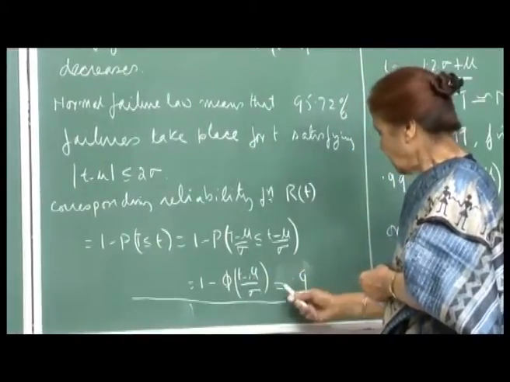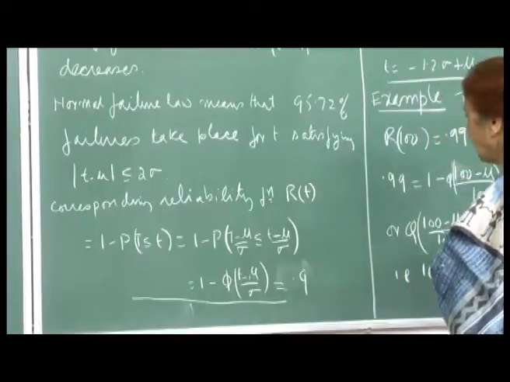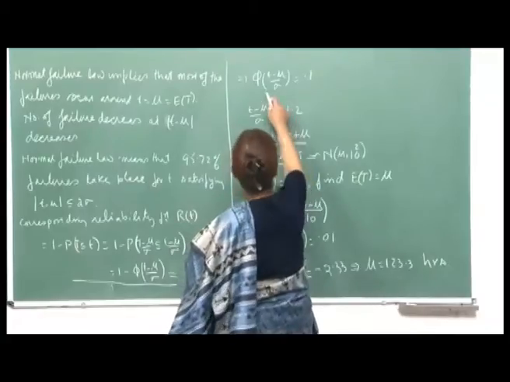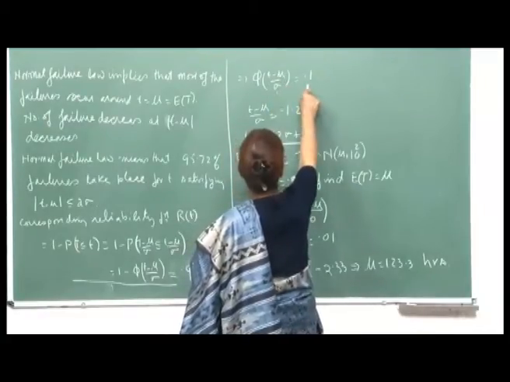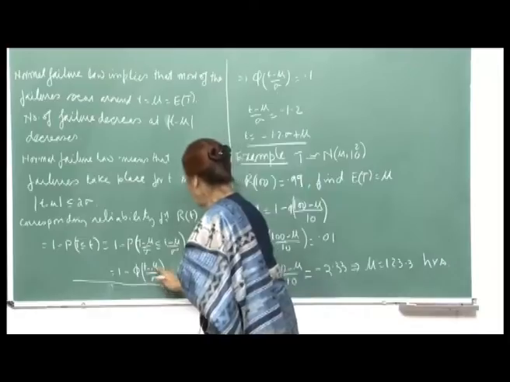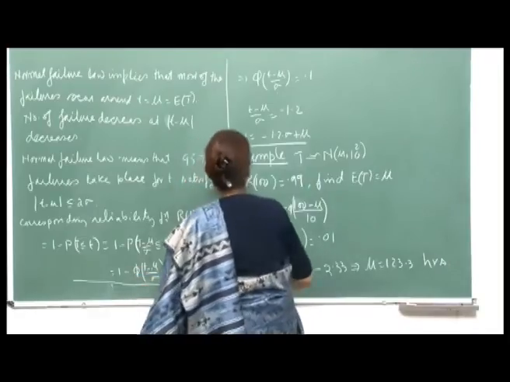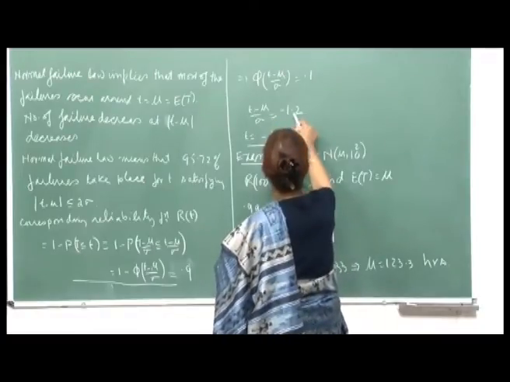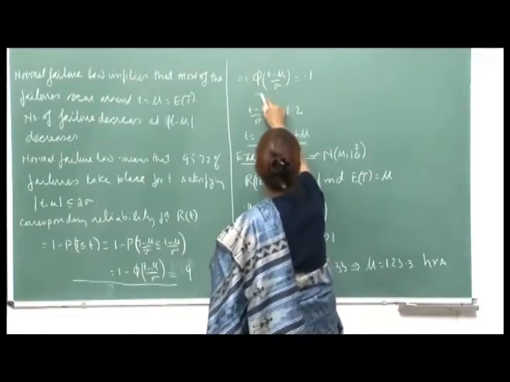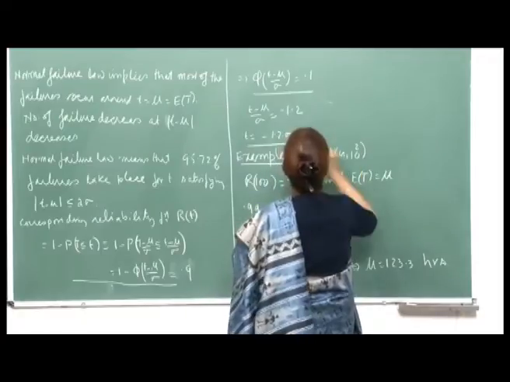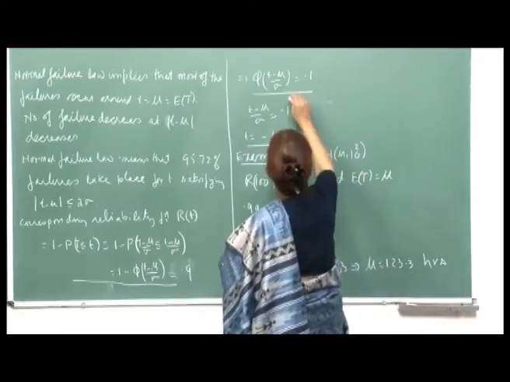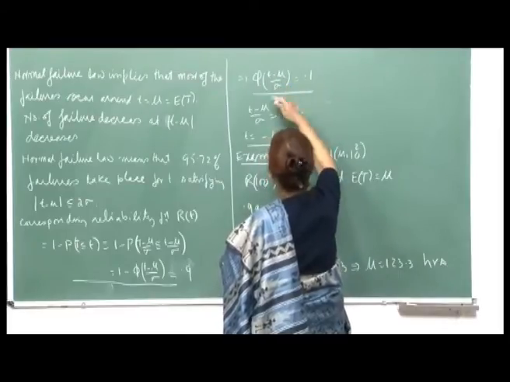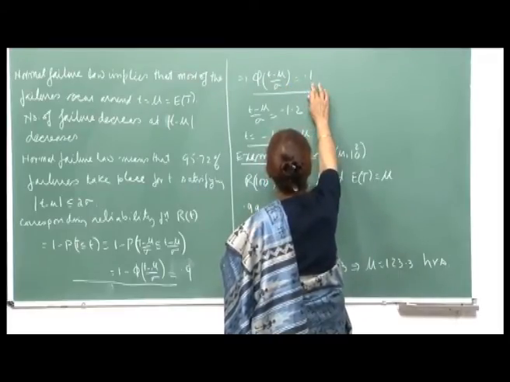So, if you want high reliability, then your value of t must be removed from mu, right. For example, if this is 0.9, then this implies that phi of (t minus mu) by sigma should be 0.1, right. You bring this here, then 1 minus 0.9 would be 0.1, and so that will make (t minus mu) by sigma equal to a negative value. So, you look up the tables. Again, I do not have to spend time on this. This is now a standardized normal variate. So, you look up the table corresponding to 0.1 area.